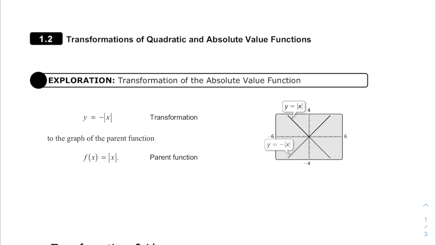You could look at the equation and tell what has happened. Sometimes you could just graph it either in Desmos or on a graphing calculator, and you can see what happened. But today is a little bit more tricky because you really have to know what affects what.